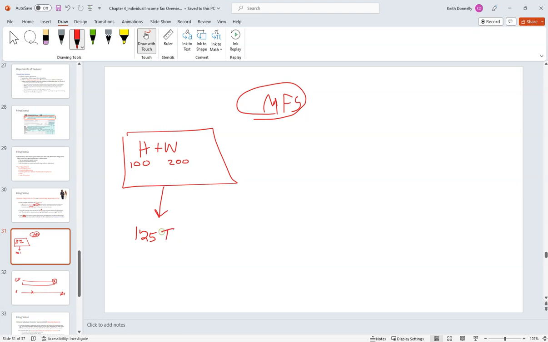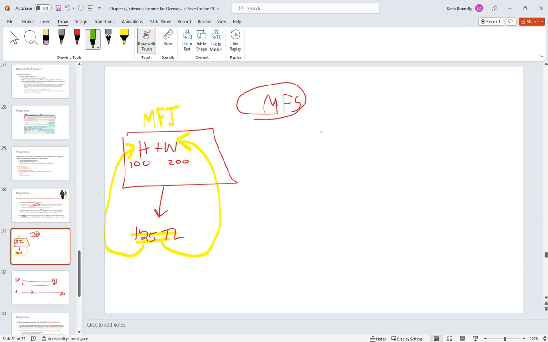That's their tax liability. The idea is when you file MFJ, married filing jointly, this 125 is joint and several liability. In other words, they can go to husband and say, husband, you're liable for all of this. Pay us the 125. Wife, you're liable for all of this. Pay us the 125.